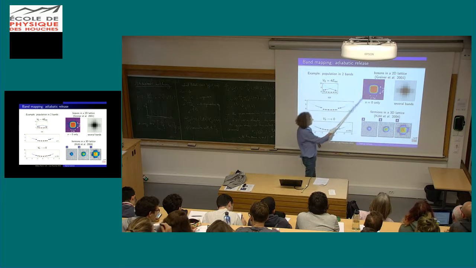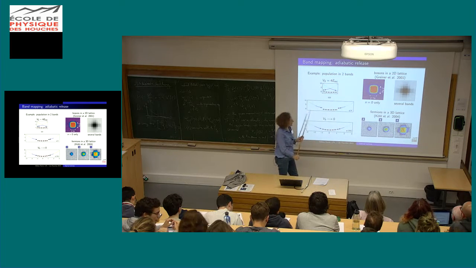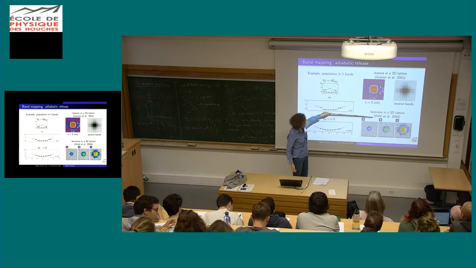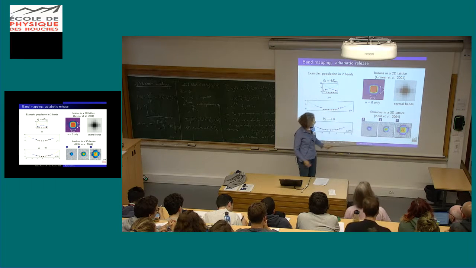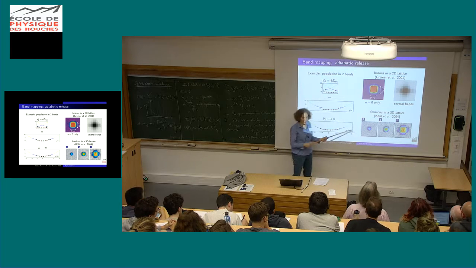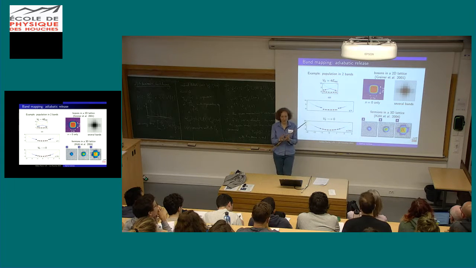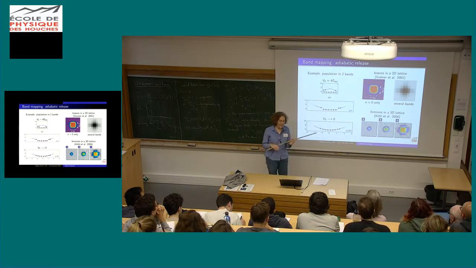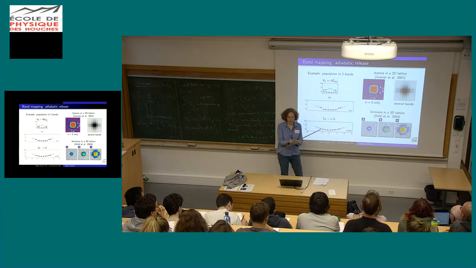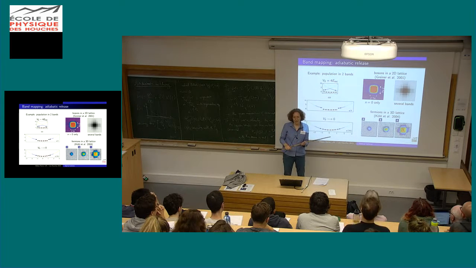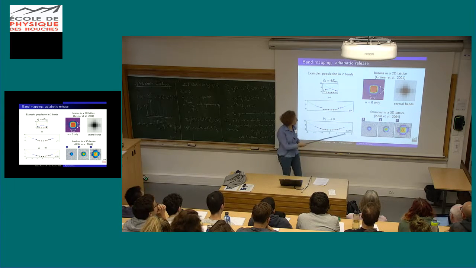Okay, so this is for bosons in a 2D lattice, and this is a situation where there are fermions in a 3D lattice, where you can see the same thing, except that for fermions, because of the Pauli principle, already at very low temperature, you get a big blob because of occupying all the states with one particle each.